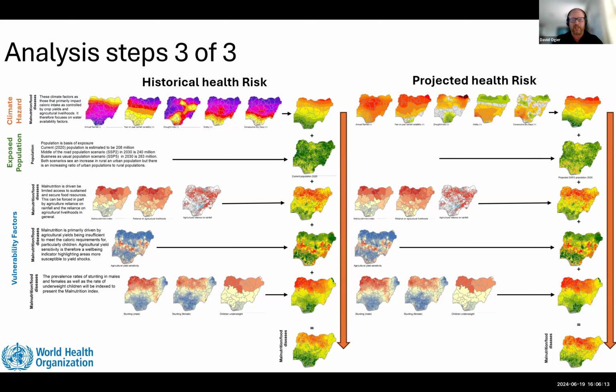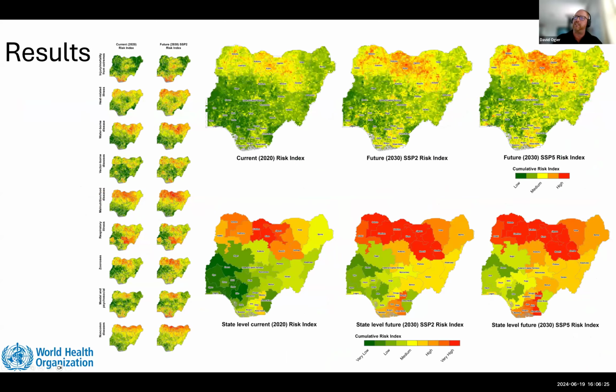Just be sure to document those noted changes, and correct the scale at the end when you're doing that. So what you'll eventually get is current and projected risk indicators for each one of the different health outcomes. In the case of this project, the client said we want all the health outcomes done, so that's what we did.